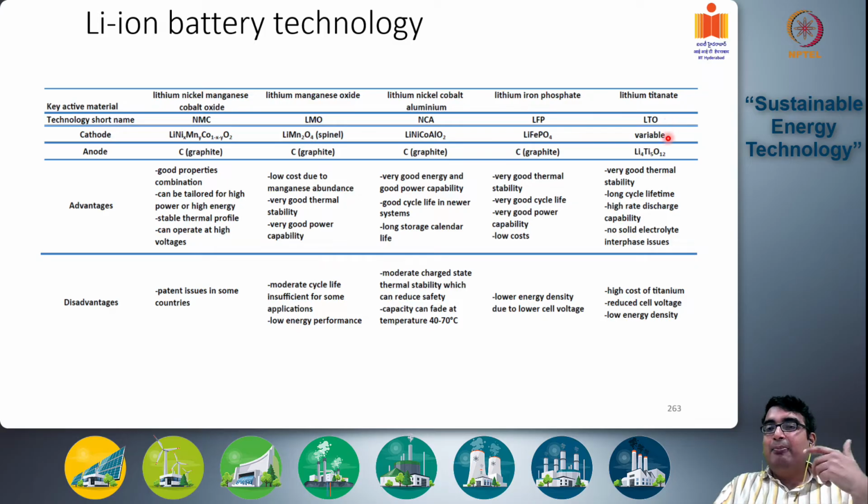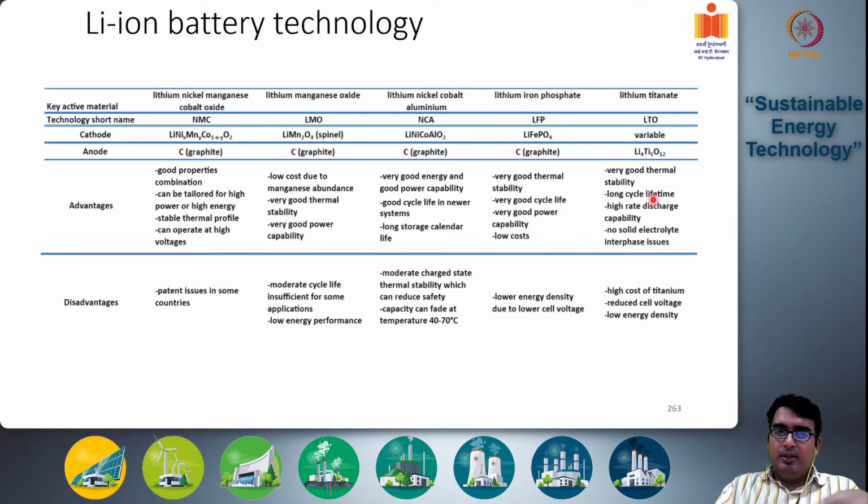Another type is lithium titanate. So it's lithium titanium oxygen. Very good thermal stability, so temperature does not have an impact. Very good cycle lifetime, high discharge rate capability, so it can survive much deeper depths of discharge. No solid electrolyte interface issues.